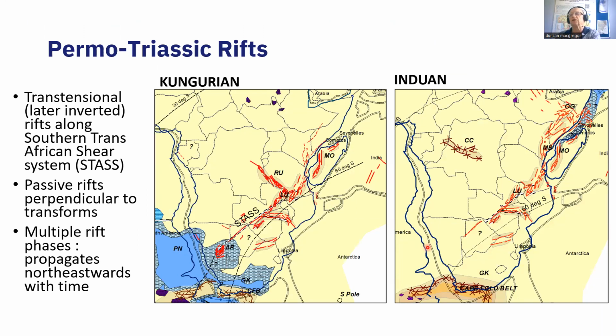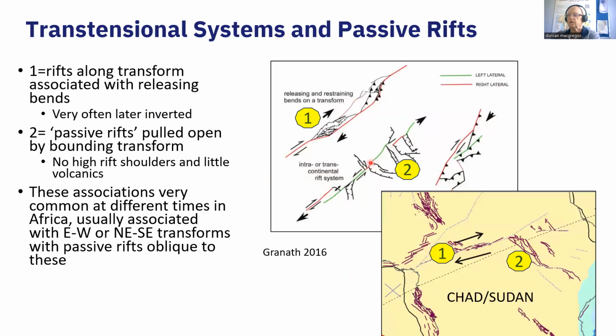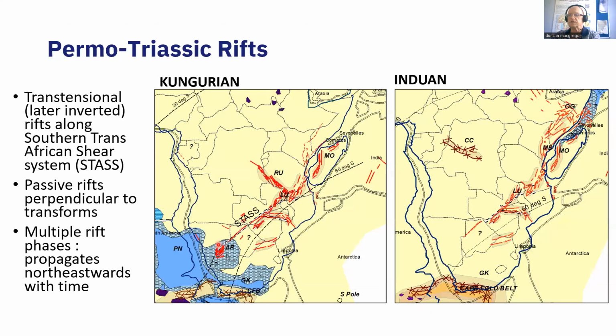Now, there are numerous populations of rift. In fact, there are rifts on all the time slices, all 19 of the time slices that I've mapped. So we go back to perhaps the oldest, these Permian rifts, and these I see as corresponding very well to that model you saw on the previous slide. In other words, this one, with essentially narrow, very steep half grabens inverted along the transform and dip-slip rifts perpendicular to it.